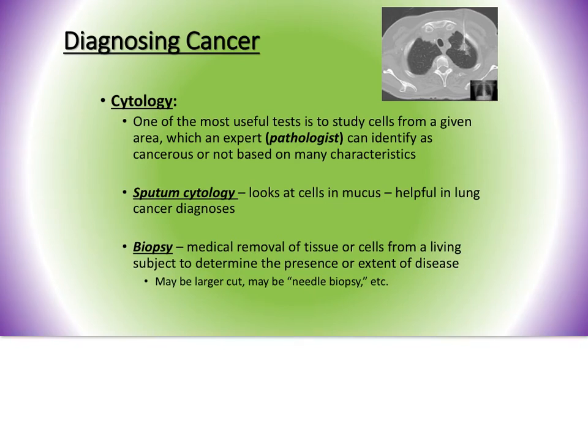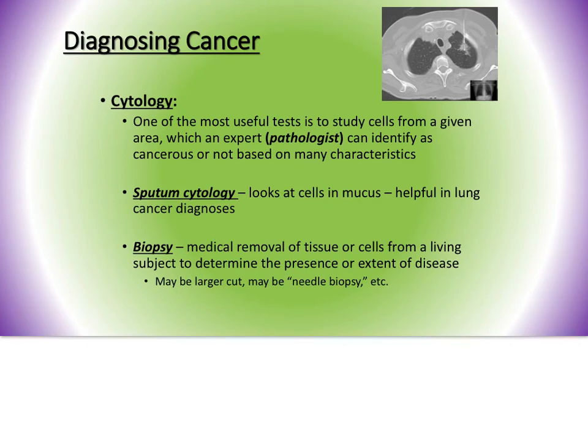Because a lot of times people will expectorate or cough out cells, and they could be cancerous cells if they have a lung tumor. The other thing here that's a little more general is a biopsy. Right? Many of you are probably going to see this in your research. Biopsy is a medical removal of a tissue or cells from a living person, right, to take that little sample out and look at those cells to try to detect the presence of a disease.